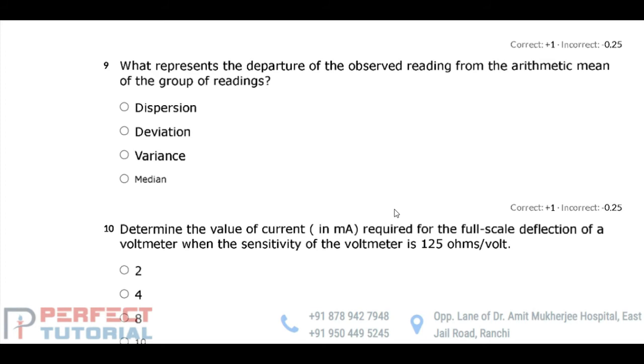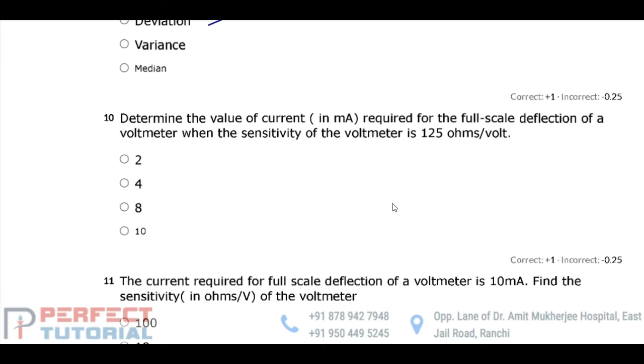Next, what represents the departure of observed reading from the arithmetic mean of a group of readings? This is your deviation. Next, determine the value of current in milliampere required for the full scale deflection of voltmeter when the sensitivity of voltmeter is 125 ohm per volt. See again here the sensitivity of the instrument is given, that is 125 ohm per volt.